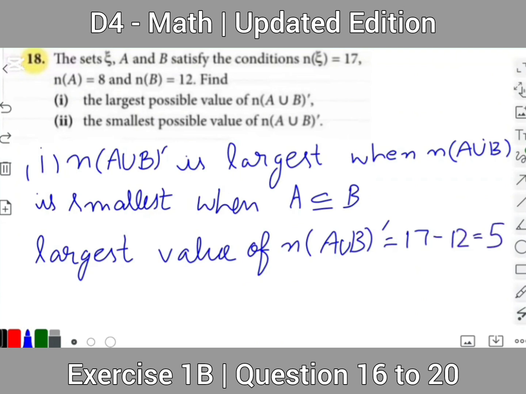We can understand this easily with the help of a Venn diagram. Here we draw a rectangle to represent the universal set eta.